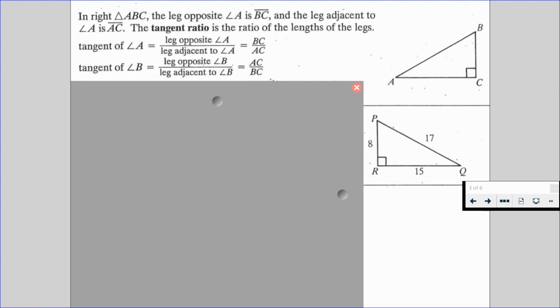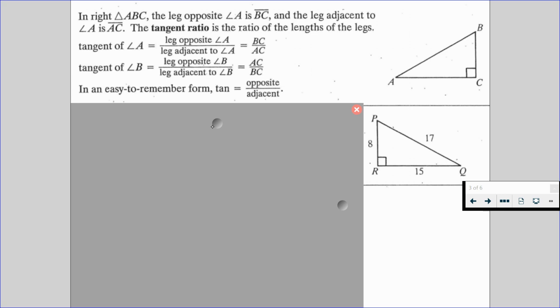Tangent of angle B is going to be the leg opposite of angle B over the leg adjacent to angle B, or AC over BC. And its easy to remember form is tangent is equal to the opposite over adjacent. T is equal to O over A, TOA.